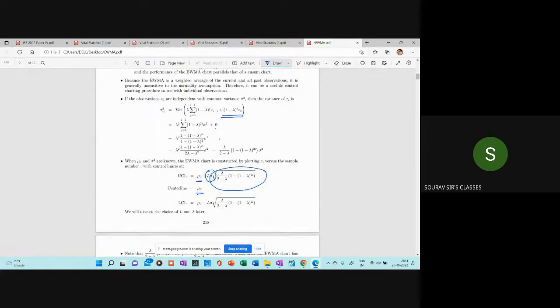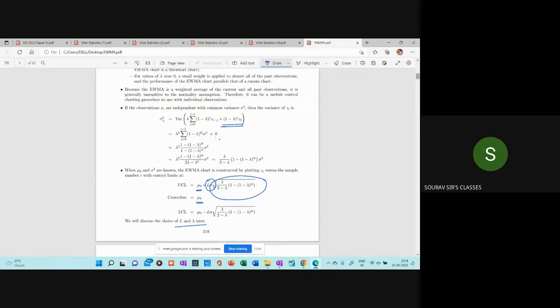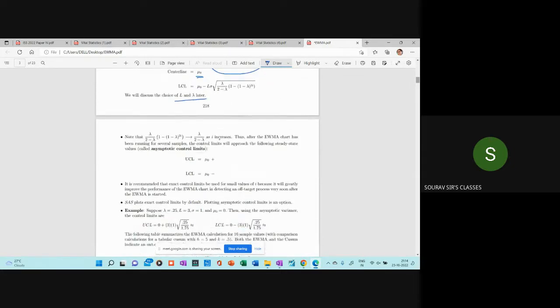Yes, we will discuss the choice of L and lambda later. So this L sigma is actually a function of sigma, which is a variable kind of thing, and we can specify anything. This L can be taken to be 3 as well, and then we can call it a 3 sigma limit. Or if we take it as 6, then we will call it a 6 sigma limit.